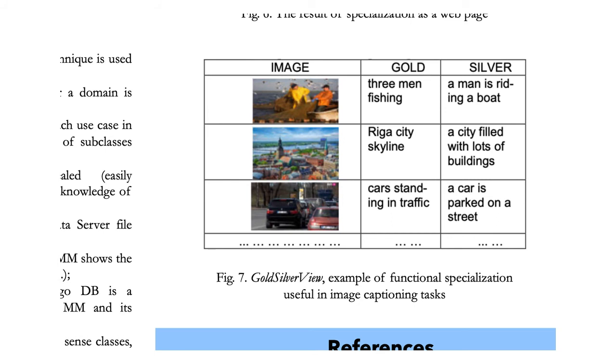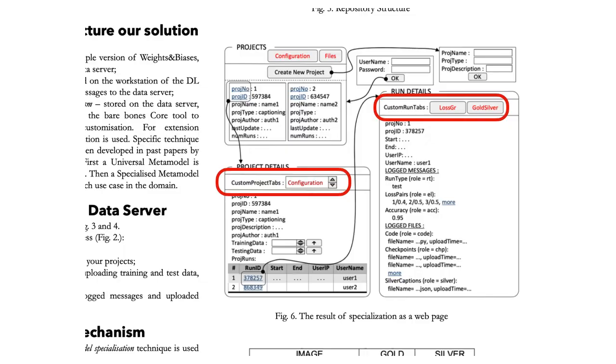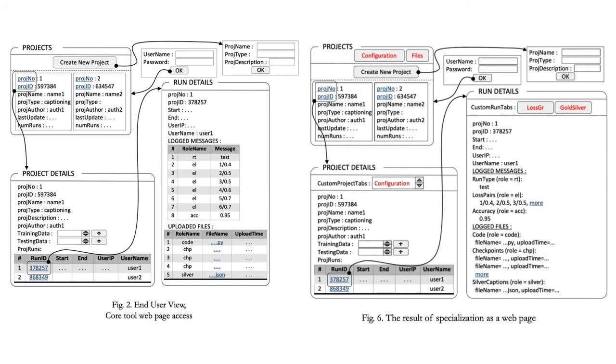The metamodel specialization would look similar to how I described it for sense classes. In the web page resulting from specialization, the buttons for calling the tabs are located here. To summarize, our offered lifecycle data management framework is based on the idea that by means of specialization of the mentioned extension classes, we will define concrete deep learning lifecycle data management tools which provide new additional possibilities in comparison to the core platform.